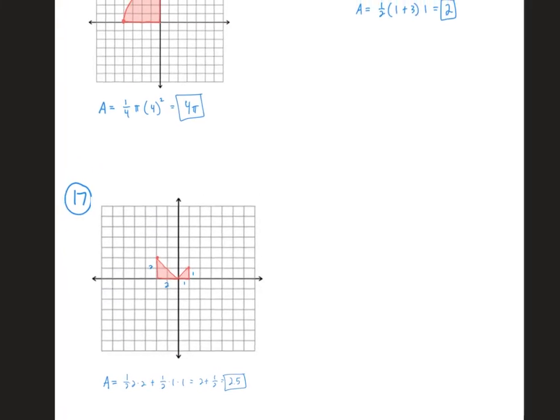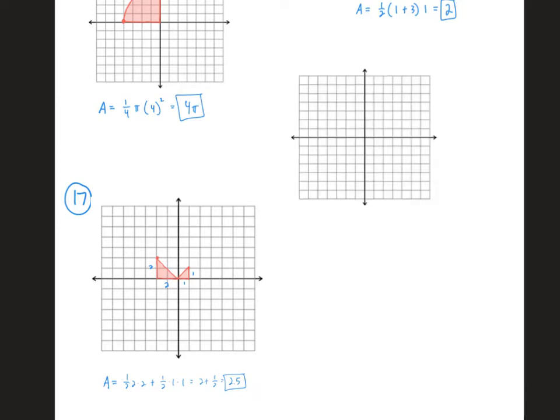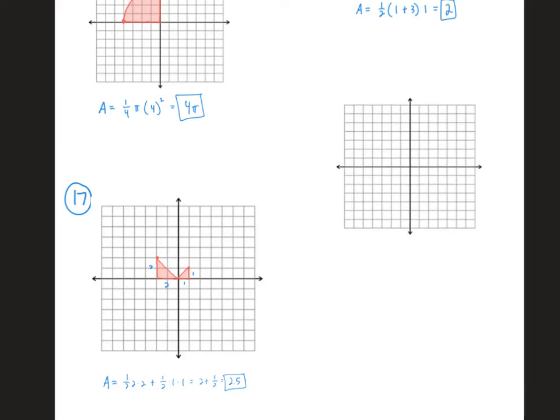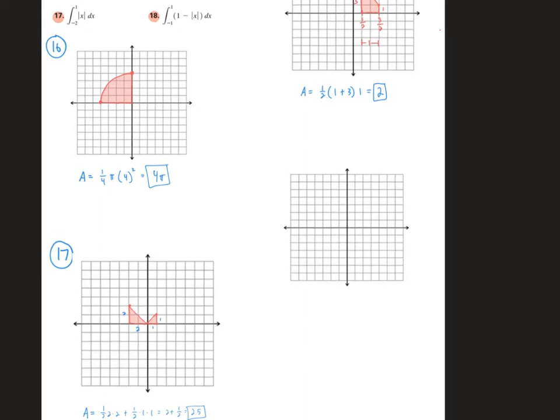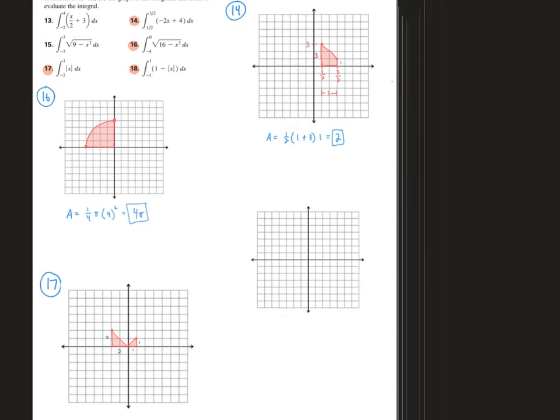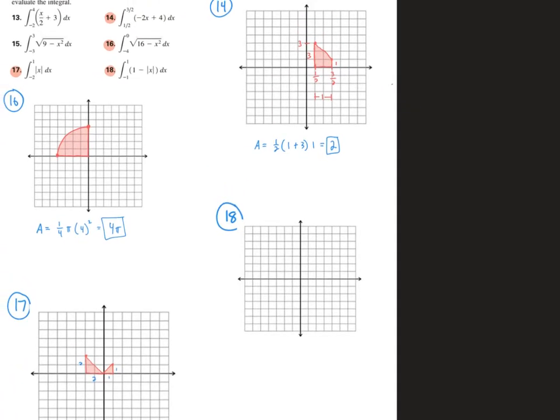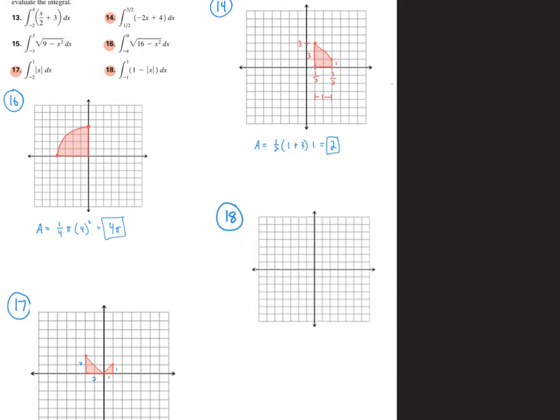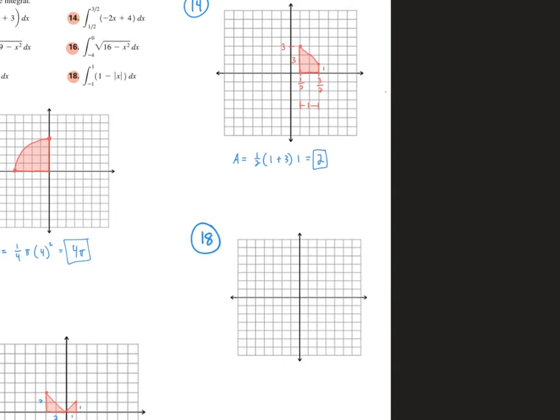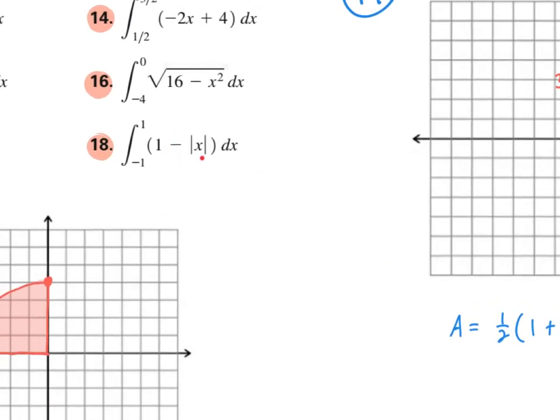Okay, next one. Okay, so 18. All right, so at least like this part, to graph it, this is like negative absolute value of x, so that'll be like absolute value of x facing down, and then this will shift it up 1.